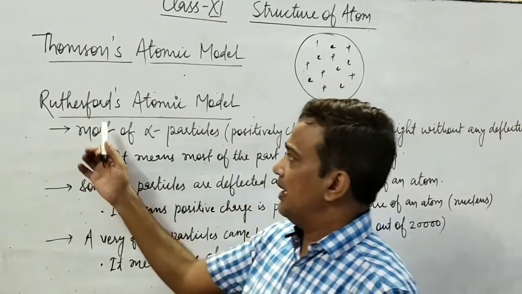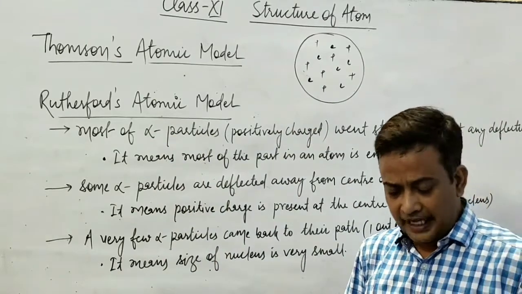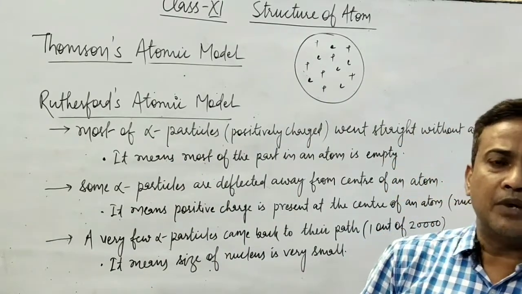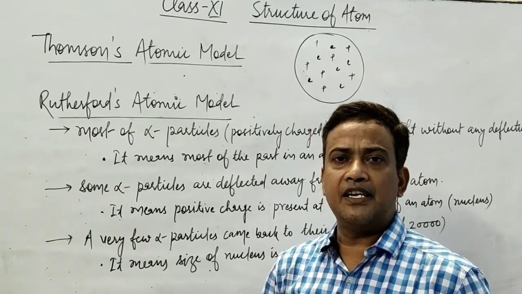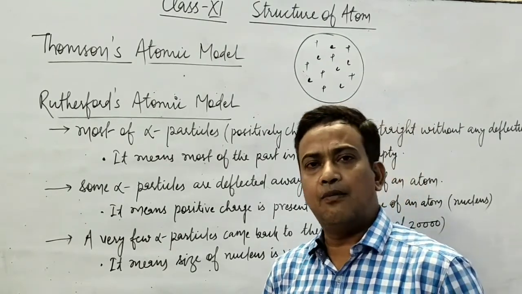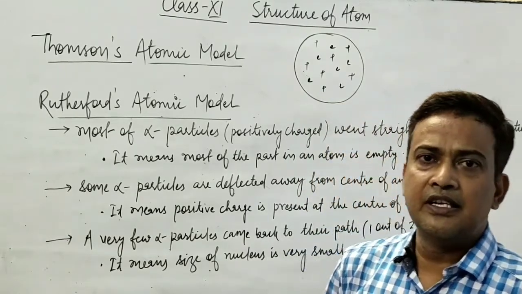The second effort was Rutherford's atomic model. Rutherford carried out an experiment by striking alpha particles onto a very thin gold foil. Alpha particles can be obtained from a radioactive substance.